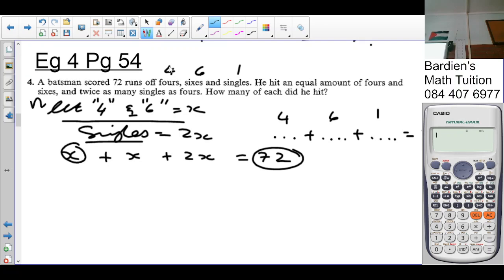The number of 4s, the number of 6s, and the number of singles.